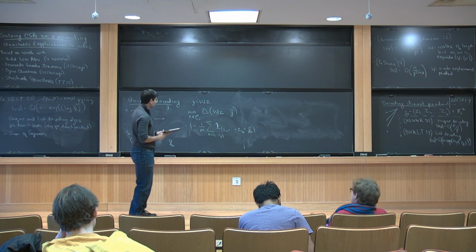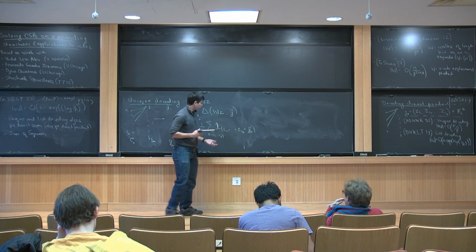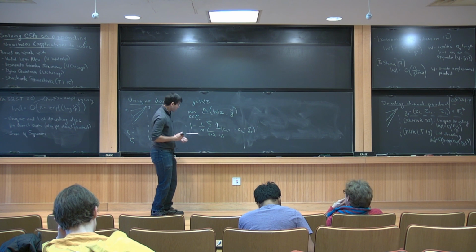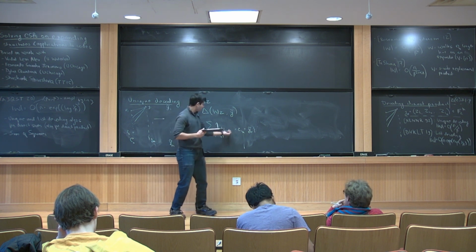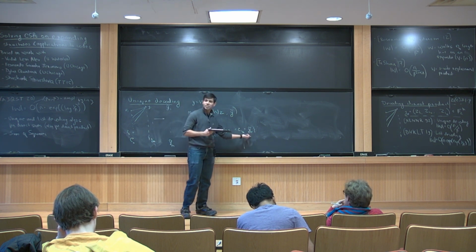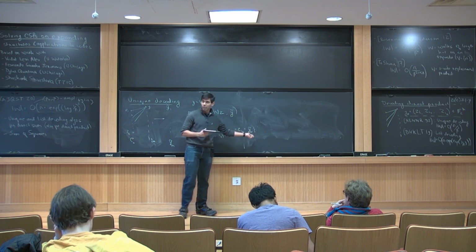So the distance of yz from y tilde is just 1 minus the fraction of XOR conditions that we can satisfy, where the right hand side is given by y tilde.